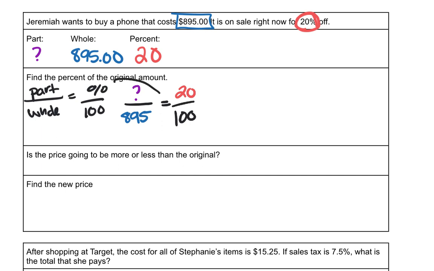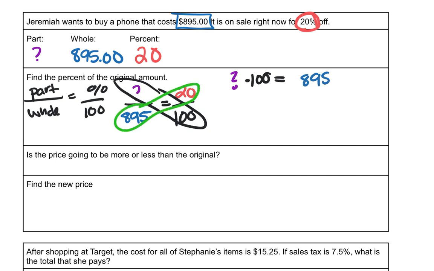So after this, I'm going to cross multiply. I have the question mark times 100 equals, cross multiply the other way, 895 times 20. Let me grab my calculator. You can also use a calculator. Please do. I'm going to use one. So the thing I can multiply is right here. I don't know question mark times 100, so I can't do that.